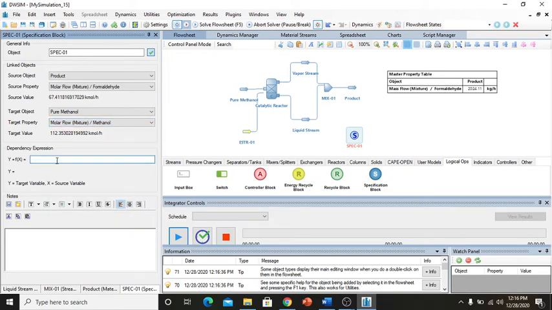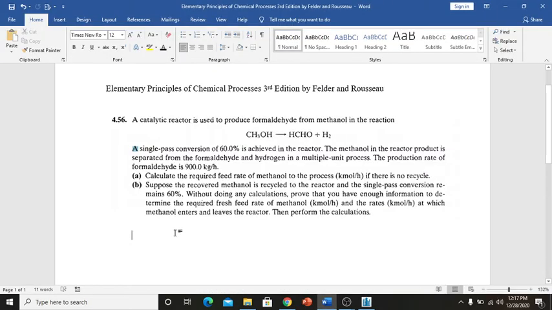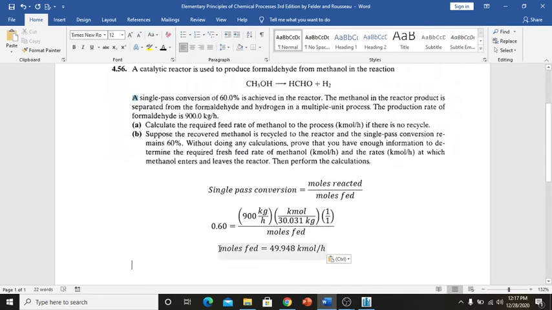The dependency expression now is according to the single pass conversion. Let's go back here. The single pass conversion, we are given 60%. The single pass conversion has a formula of moles reacted per moles fed. We are given the 900 kilograms per hour formaldehyde, so we need to convert that into kilomoles per hour by using its molecular weight, which is 30.031 kilograms per kilomole. According to the reaction, the formaldehyde has a 1:1 ratio with the methanol.